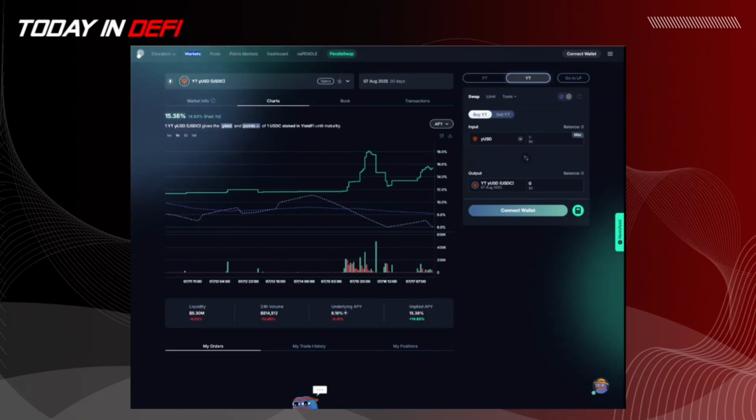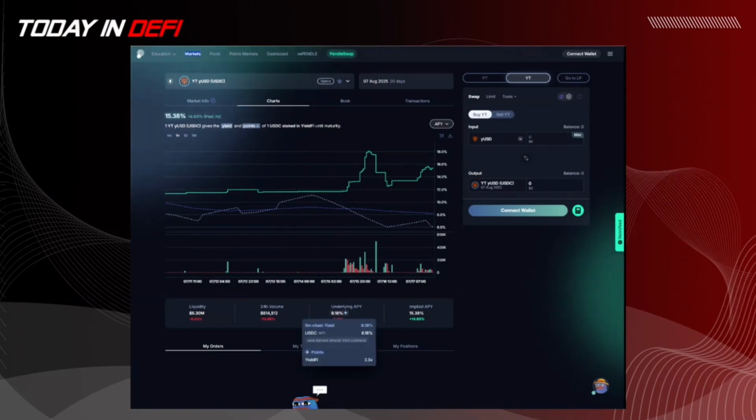If at the maturity day your underlying APY is still lower than the implied, it means that you are losing money. However, you might think, if the market participants already know they are losing money, how come they're still buying this YT, even though most people probably agree that the underlying APY of YUSD will not reach the level of 15.38%.